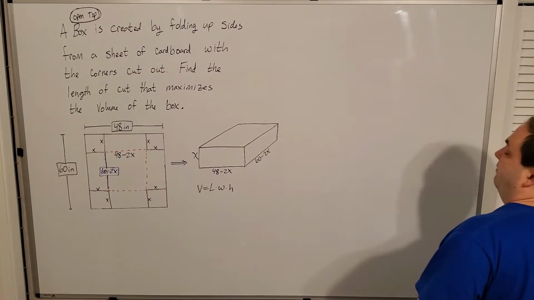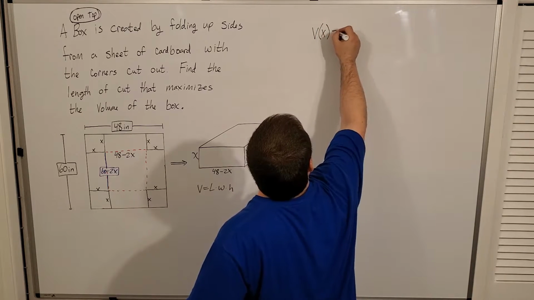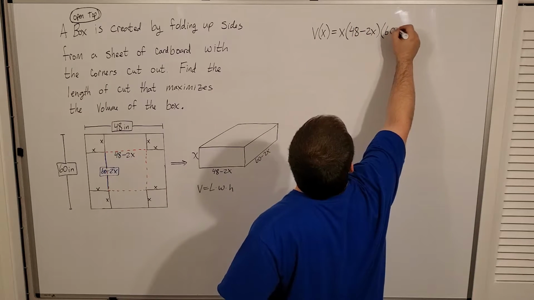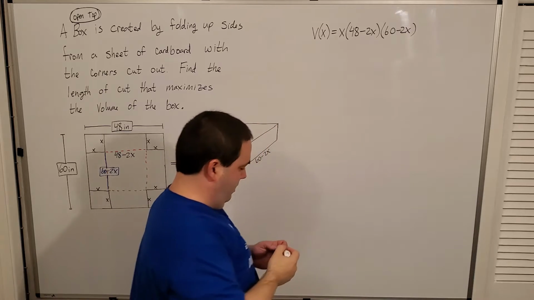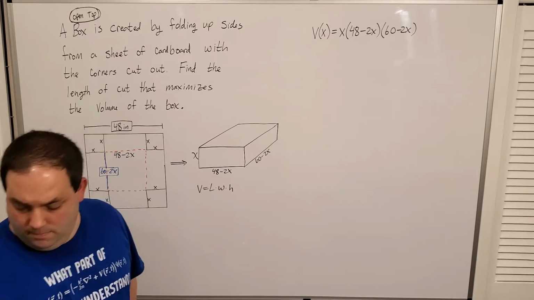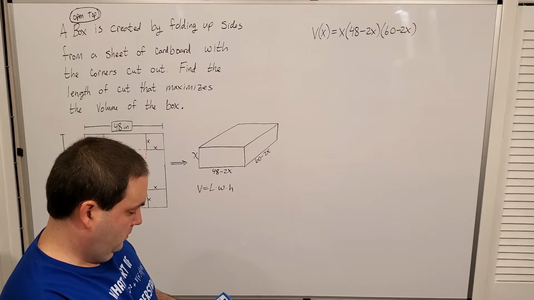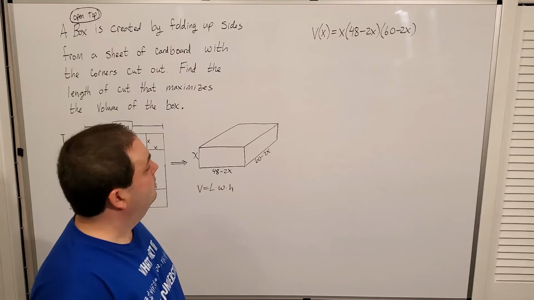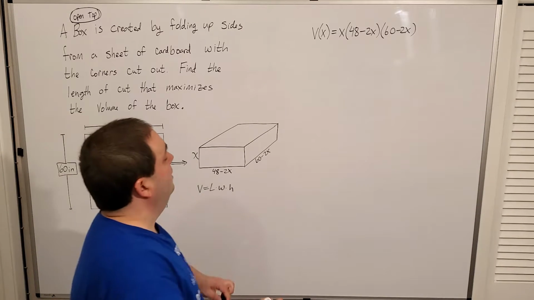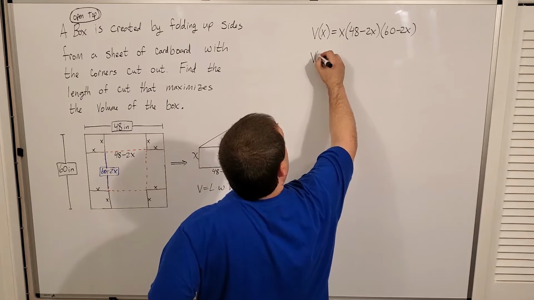Let's make a volume function here. V of x is equal to x times (48 minus 2x) times (60 minus 2x), right? Then we're going to want to multiply this out to make it a little bit easier on ourselves.